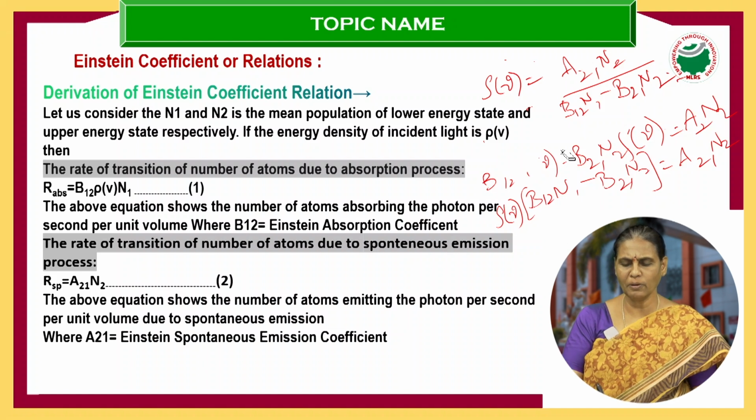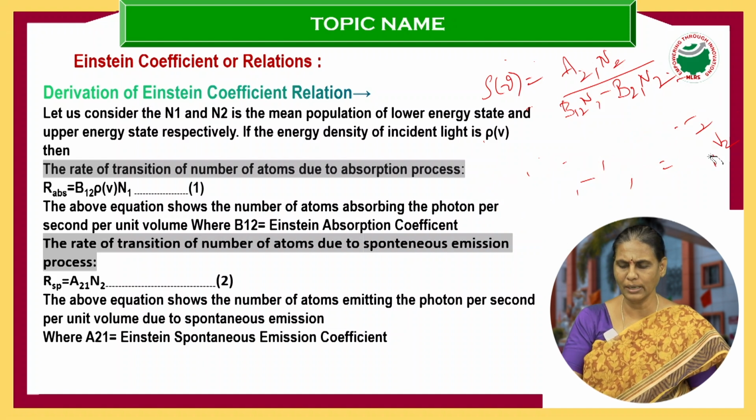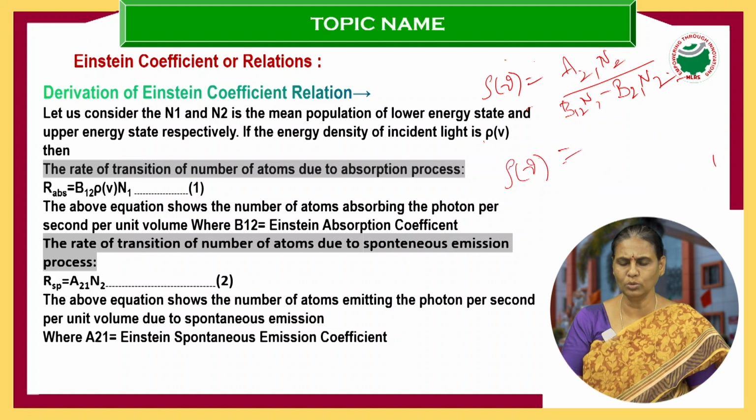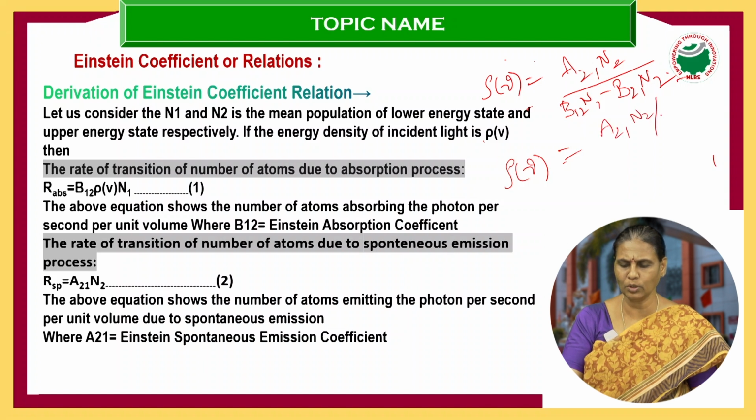Now let us make some simplifications and write a simpler form of this equation. I want to remove this N2, so I am multiplying the numerator and denominator by N2 by N2. Then B12 N1 by N2 minus B21 N2 by N2.